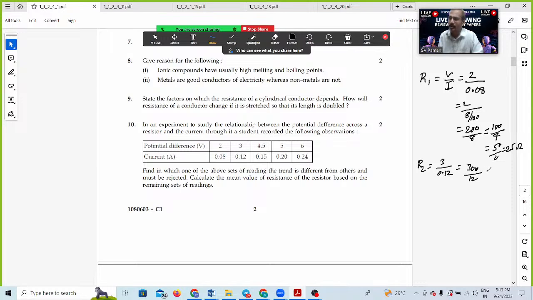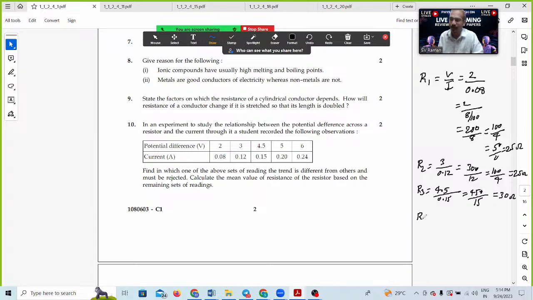Alright, so almost like 25 ohms, we got it. Next, resistance R3, which is 4.5 by 0.15. Here 450 by 15, approximately that is 30 ohms, we got it.